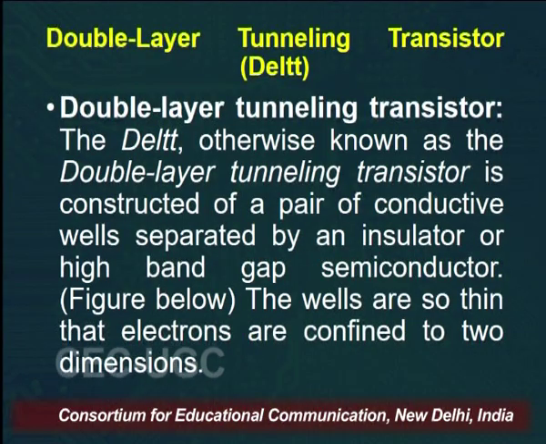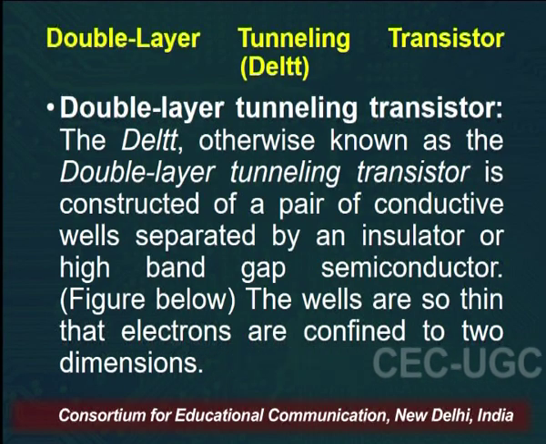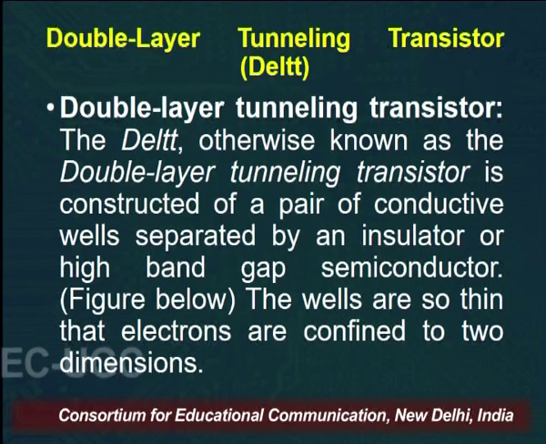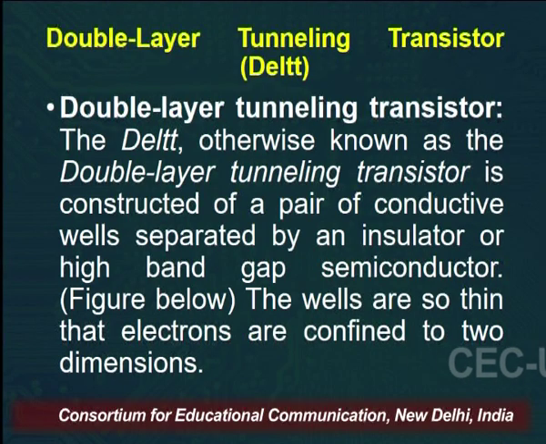The double layer tunneling transistor is also a quantum device. So, DELT, otherwise known as a double layer tunneling transistor, is constructed of a pair of conductive wells separated by an insulator or high band gap semiconductor.